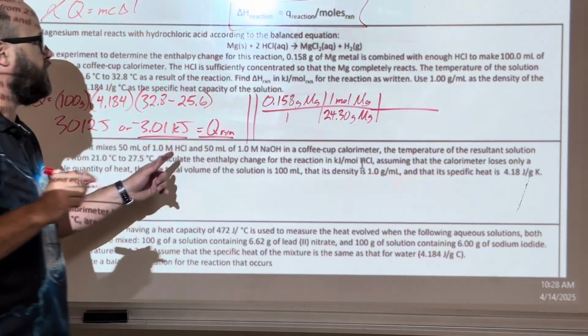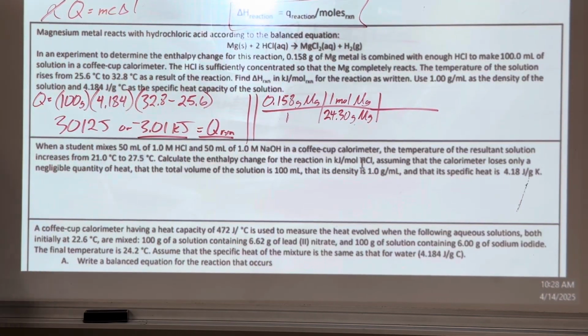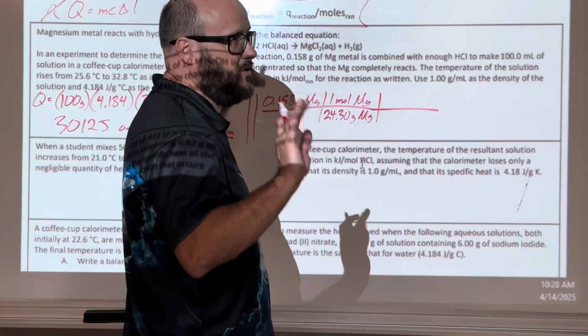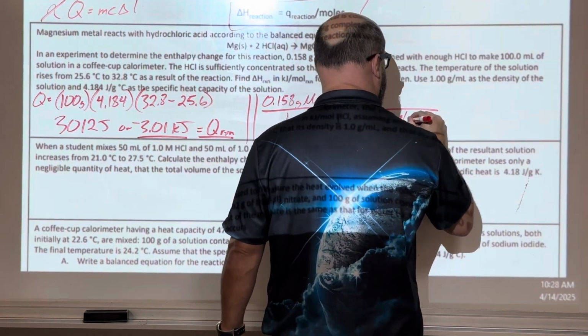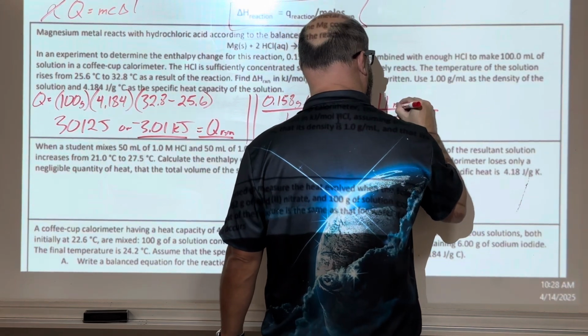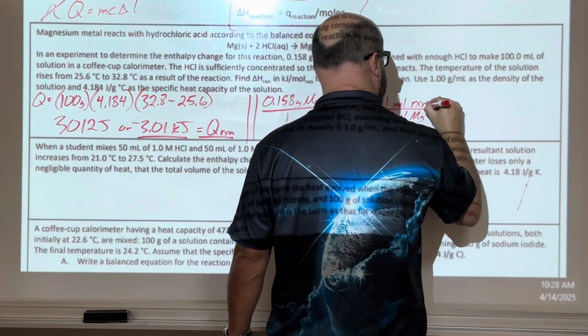And then we want moles of magnesium per reaction. We look at its coefficient. There is no coefficient, so 1 mole of magnesium for every 1 mole of the reaction.